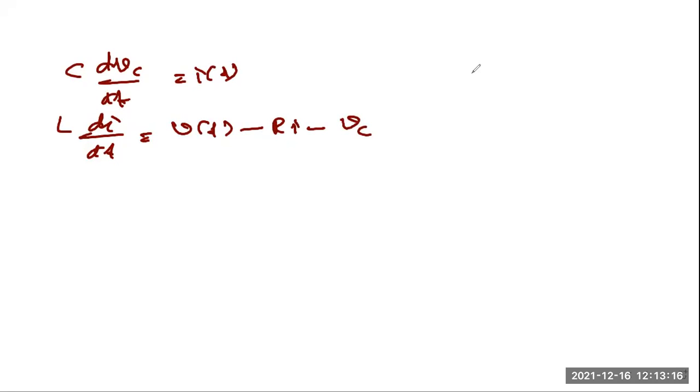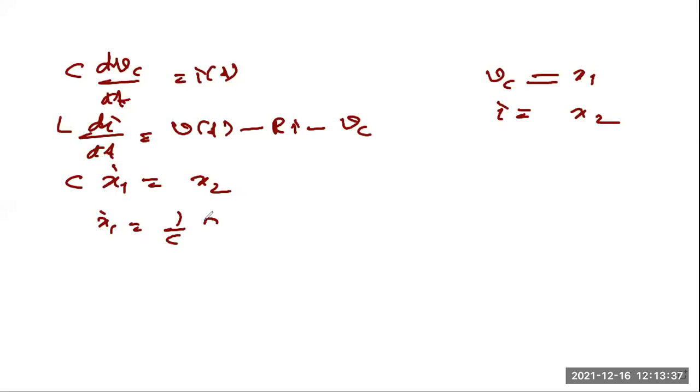We are taking two state variables: Vc equal to x1, and i equal to x2. So C x1 dot will be equal to i(t), that is your x2. So x1 dot equals 1 by C into x2.